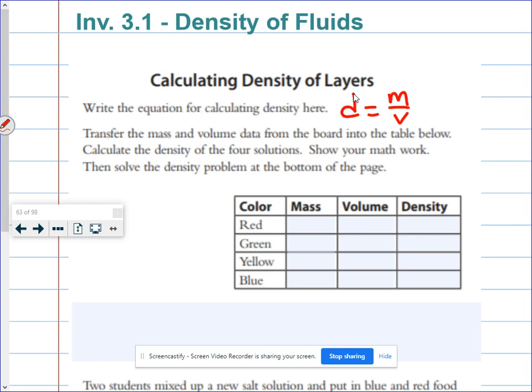All right. Now, I'm just going to write them up here as far as the mass and the volume goes. These were the numbers that you wrote down yesterday in that little table for part 3. So these are the same ones that you wrote down yesterday. So the red was 25.0 grams. And remember, the volume was 25 milliliters, and that was for all of these.